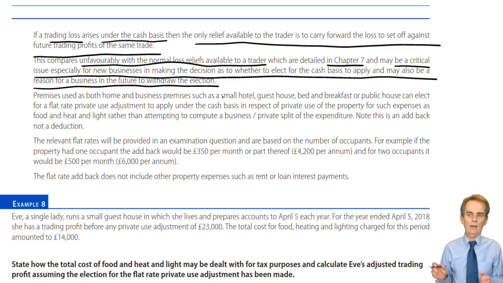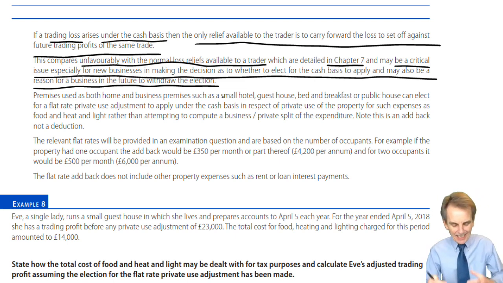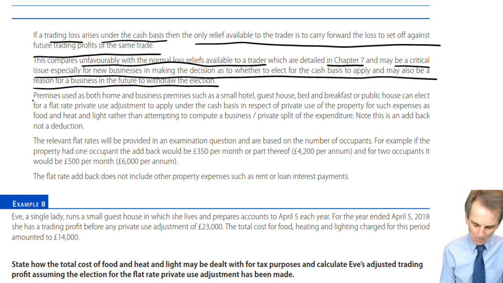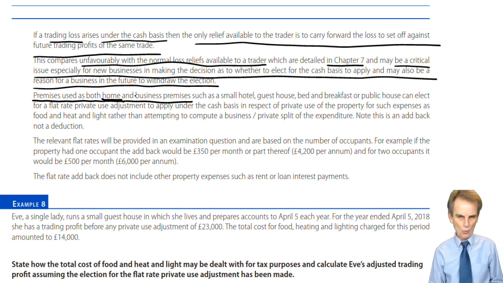That said, a final and separate issue that we've got here. You might have some businesses where the premises used represent not just business premises, but also the trader's home. Now you might think, well, I wouldn't be living in a factory or something like that.